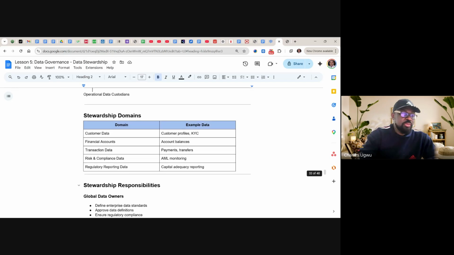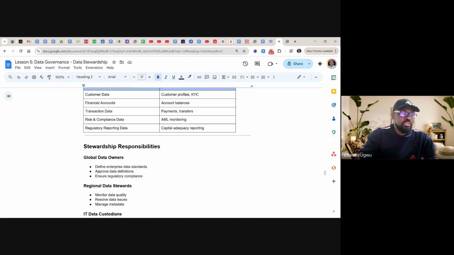And responsibilities. We have the global data owner, and what they do: they define data standards, approve data definitions, and ensure regulatory compliance.